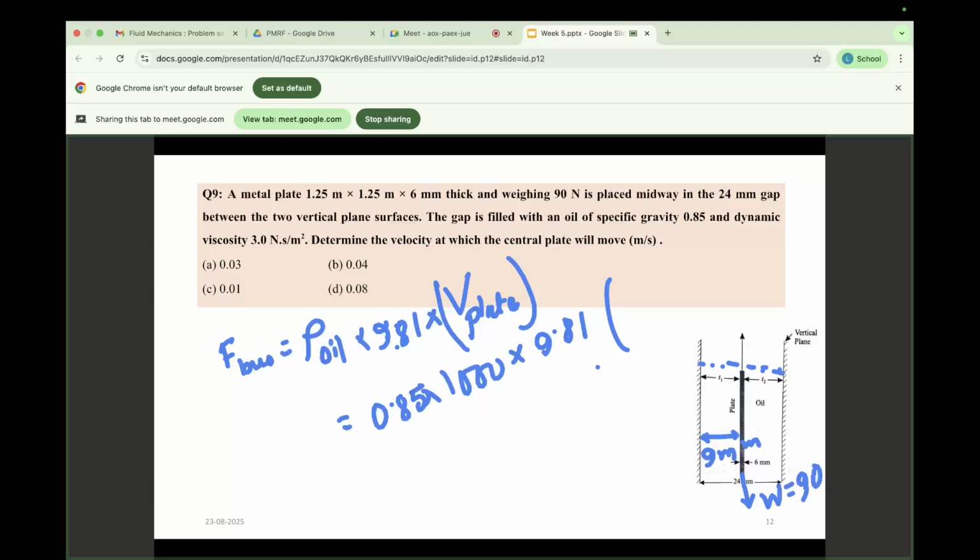Okay, up to this it is clear. Because the oil is given as 0.85, I convert it into density, that is 0.85 into 1000, and this is the g value, and this is the volume. What is the volume here? 1.25 into 1.25 into 0.006.